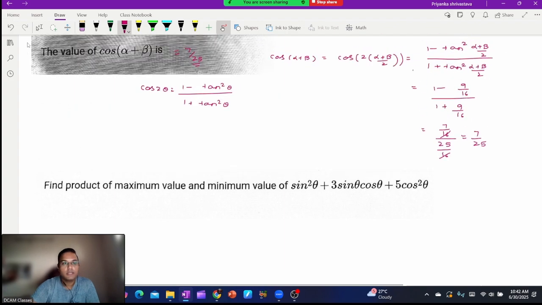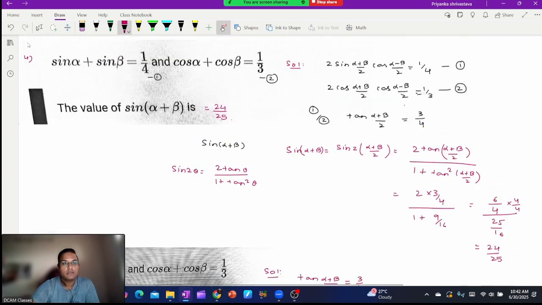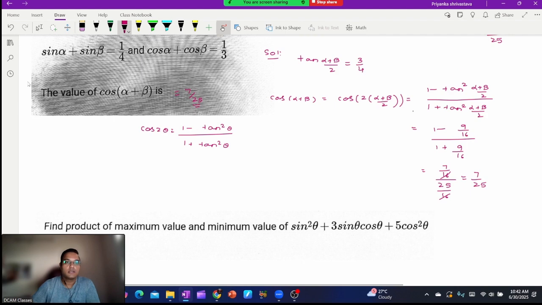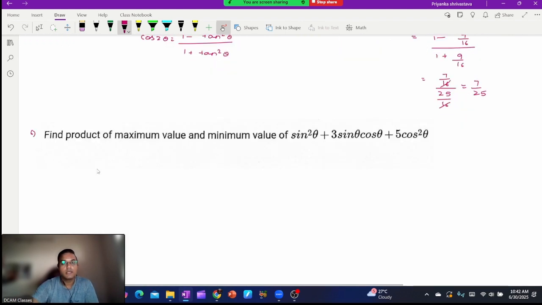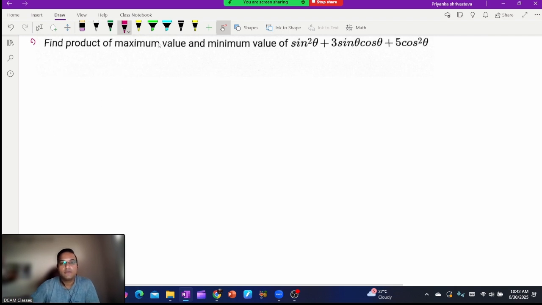Now this is, I think, the question number 6. This is question number 5. This is question number 6. The product of maximum and minimum value they have asked. This sine square theta, we can write as 1 minus cos 2 theta by 2. Again, sine theta cos theta as sine 2 theta by 2.